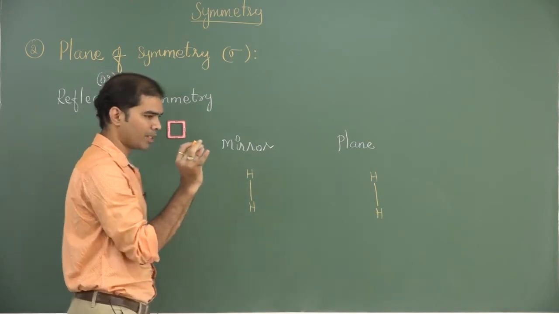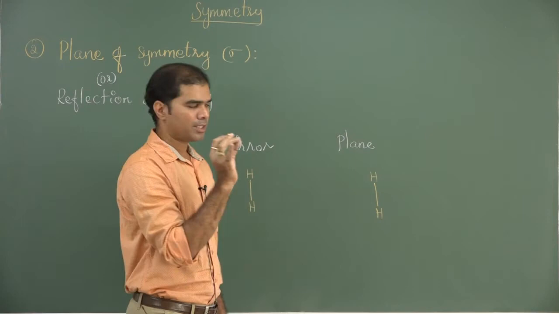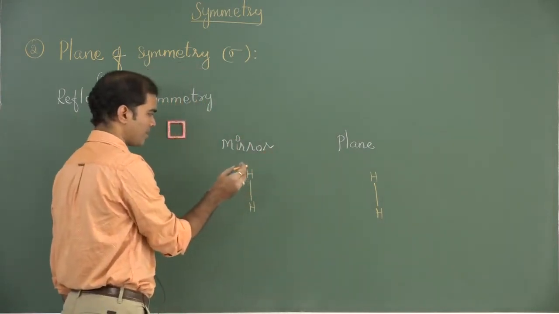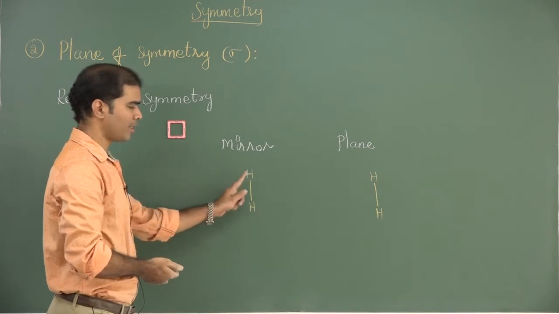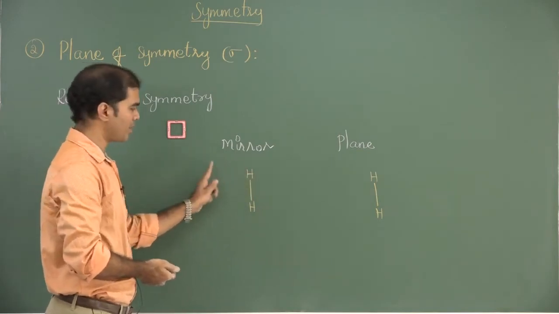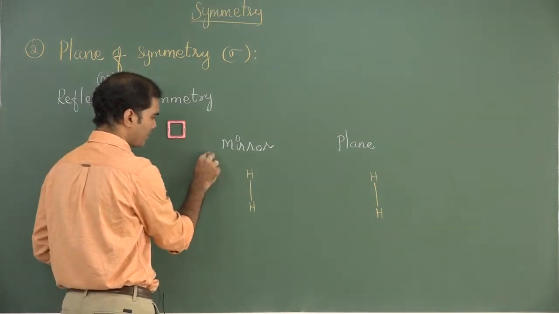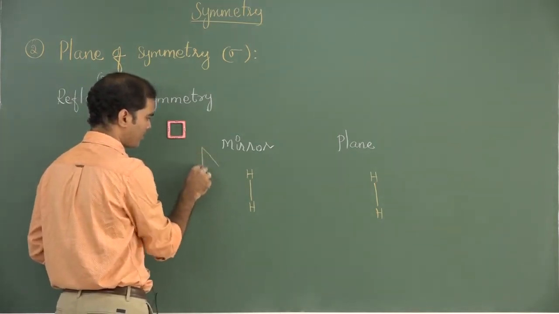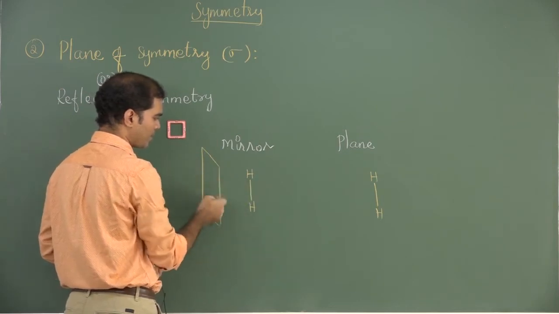We cannot hold a single molecule or any single atom, but just suppose you are holding some substance and you want a reflection of it. Then the mirror is kept outside that particular substance or molecule that we have chosen. So if I have a mirror, I will be holding that mirror and it will be outside. Here will be its reflection.